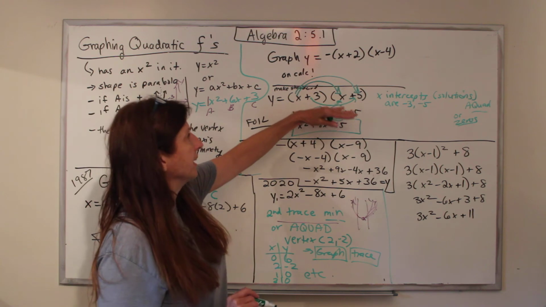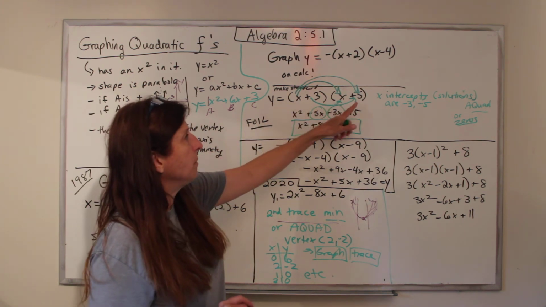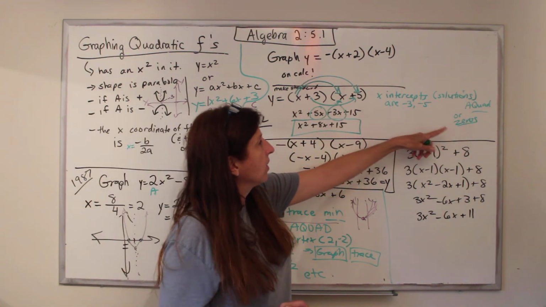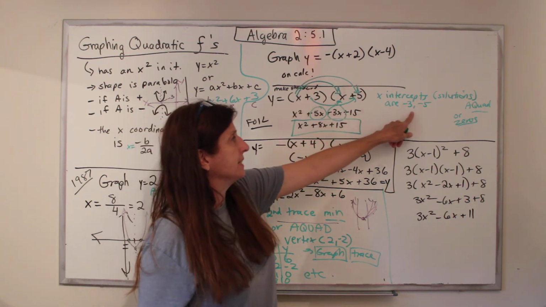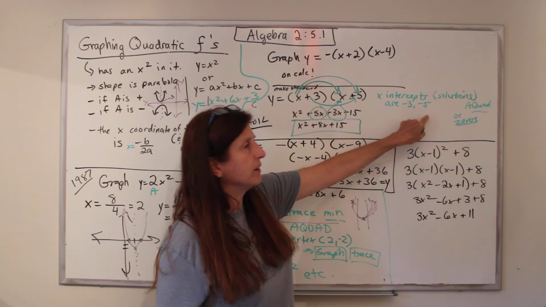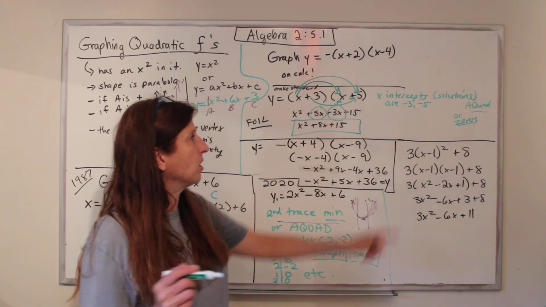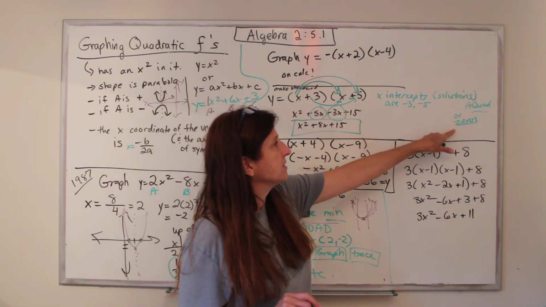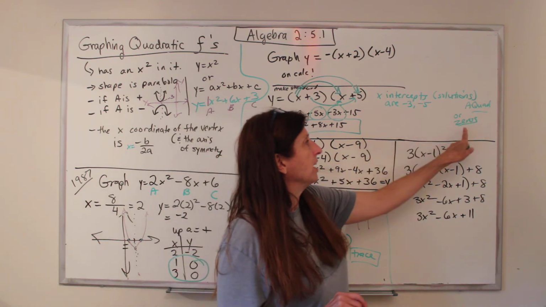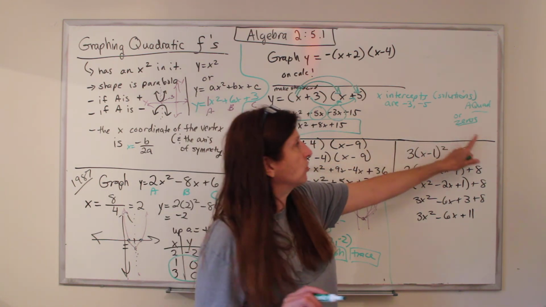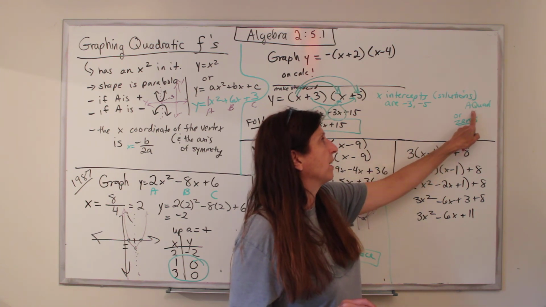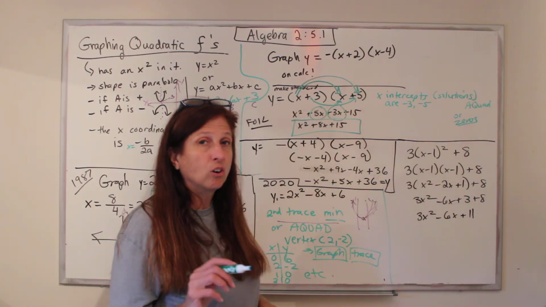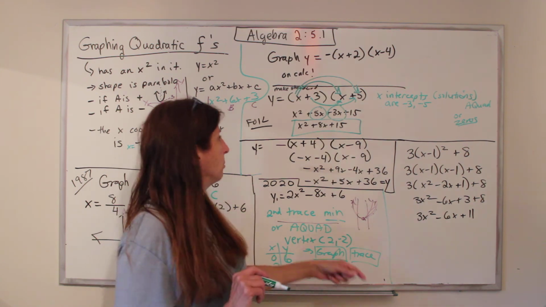If you have something like this in factored form, the solutions are the numbers here, but the opposite signs. So it's -3 and 5 and -5. So we'll talk more about that later. It's also called zeros. You can get them off of your calculator under second trace. You can get them off of a program, a good quadratic program like A quad, B quad, or Discremi if I'm giving you your programs.